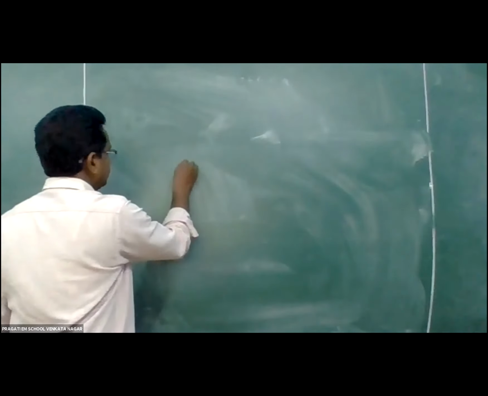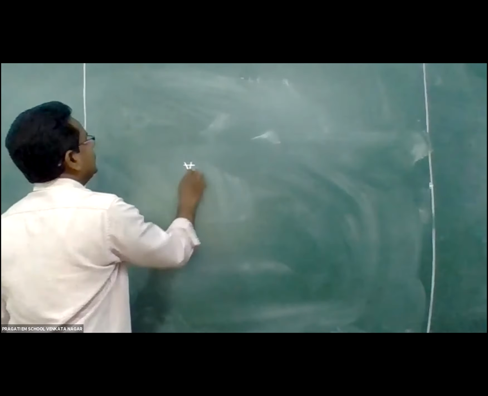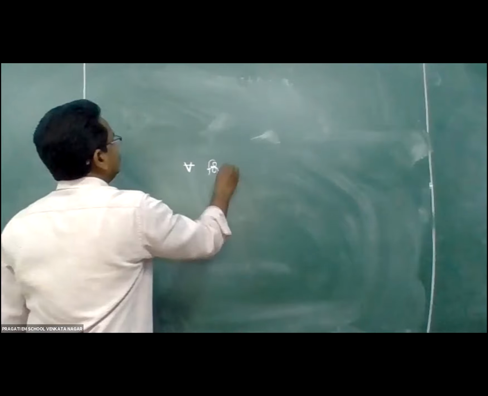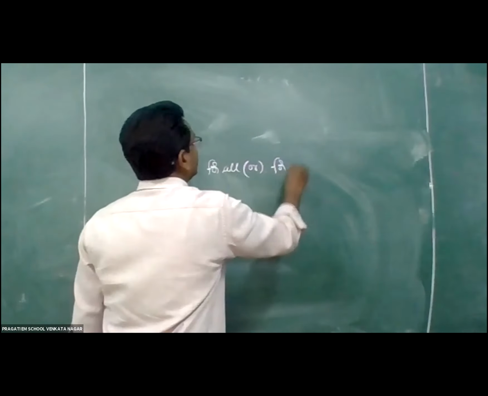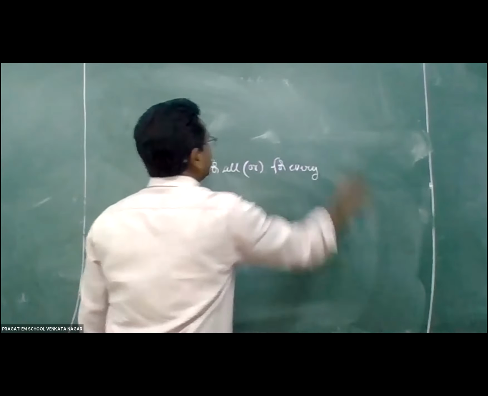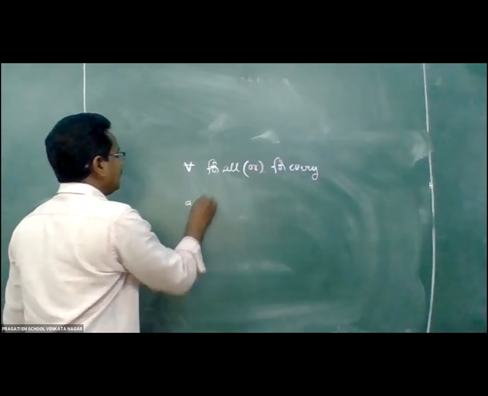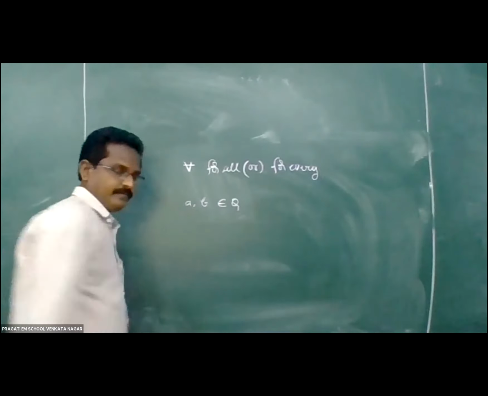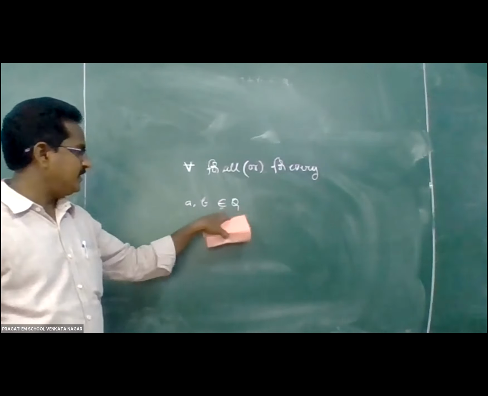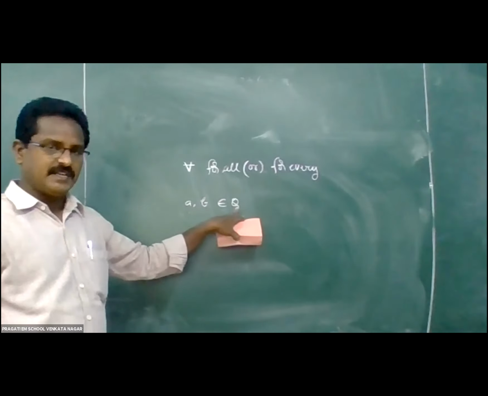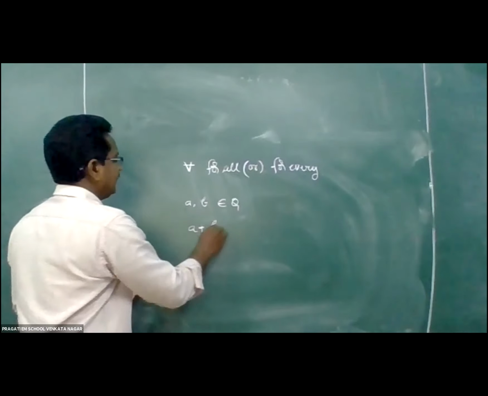See, Amma, this symbol, you can write V and cut it off like this. It can be read as for all or for every. Now we take A comma B belongs to Q. These two are elements of set Q, meaning numbers.